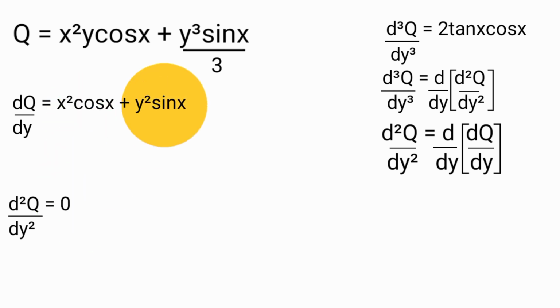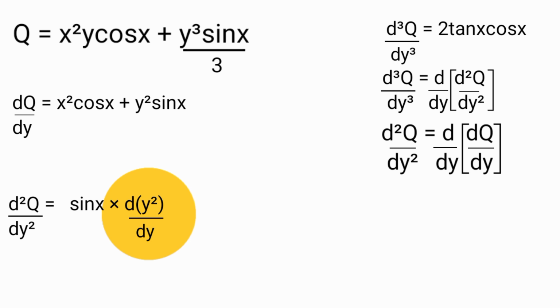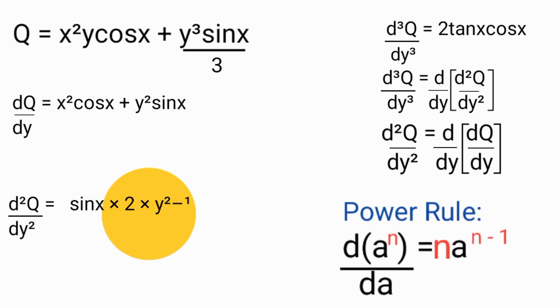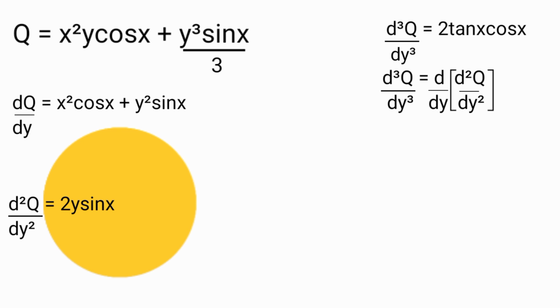While here, y squared sin x, sin x is a constant because we are differentiating with respect to y. So the differential of y squared using the power rule is 2 times y power 2 minus 1, which is 2y. 2y times sin x is 2y sin x. So therefore, the second derivative of q with respect to y is 2y sin x.